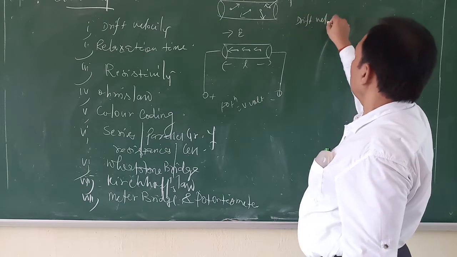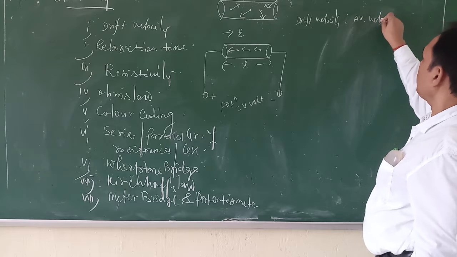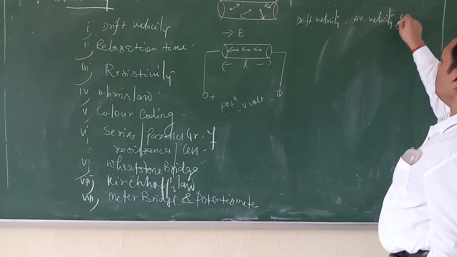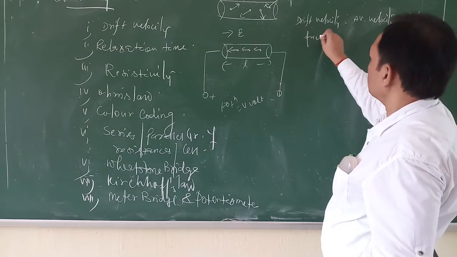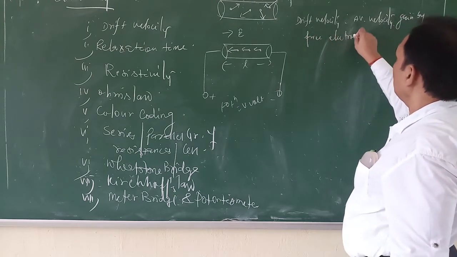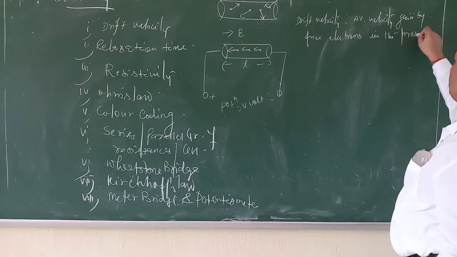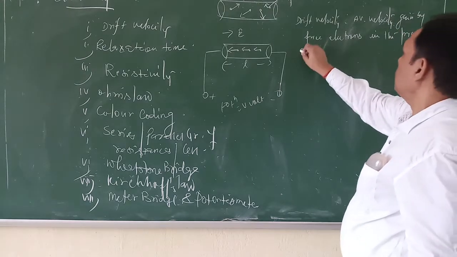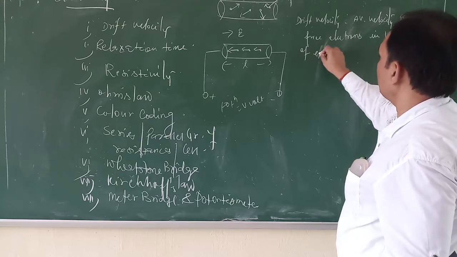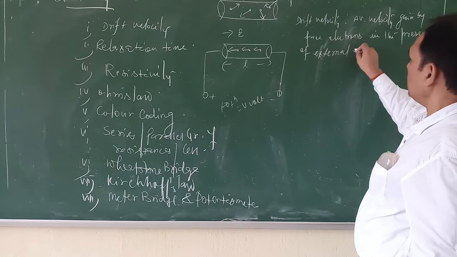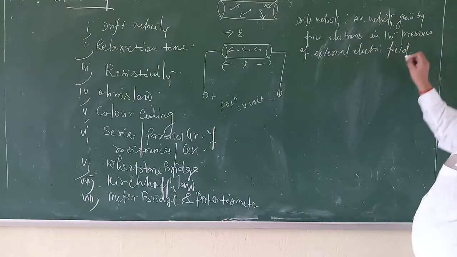Drift velocity means the average velocity gained by free electrons in the presence of an external electric field.